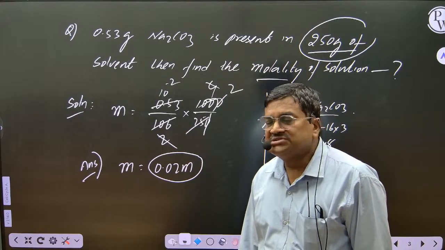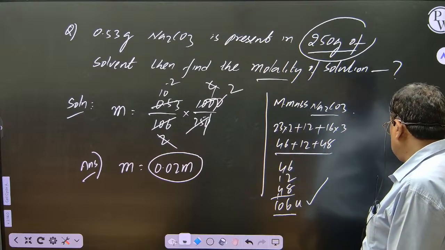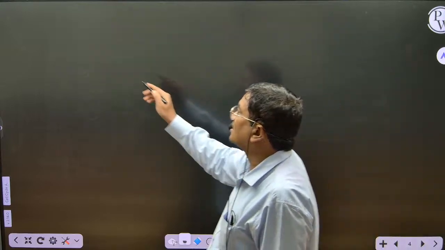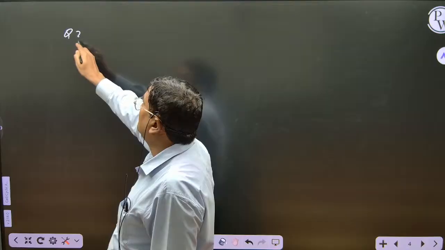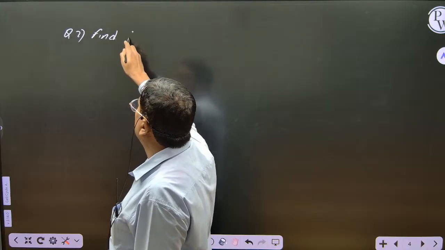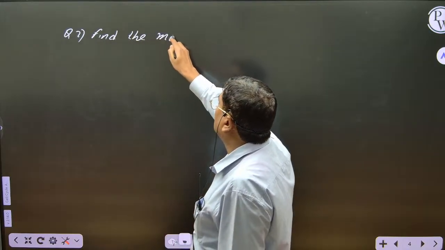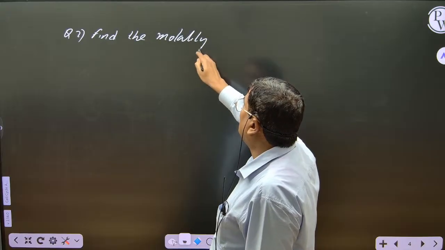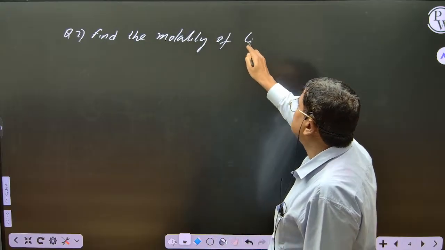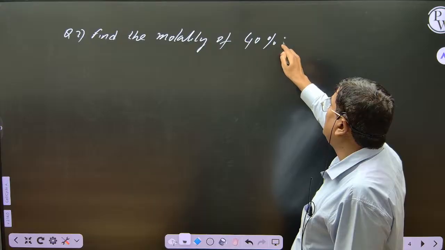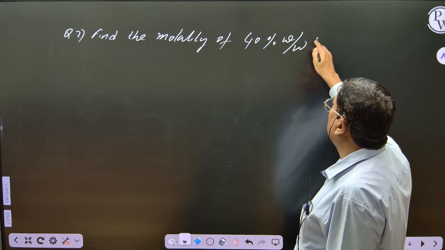Now write the next question. Find the molality of 40% W by W NaOH solution.